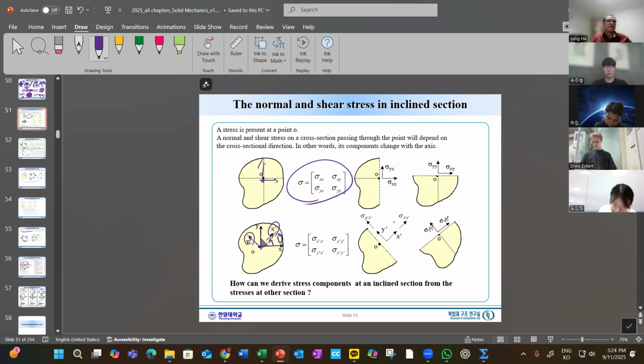And then from x prime, y prime, you can define the stress like this. Another component, 1, 2, 3, 4. And this is 1, 2, 3, 4. But the very important point is that this sigma and this sigma are the same.